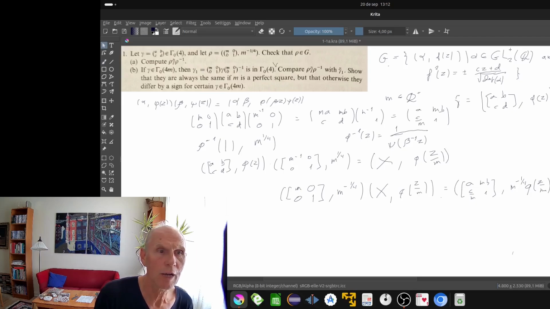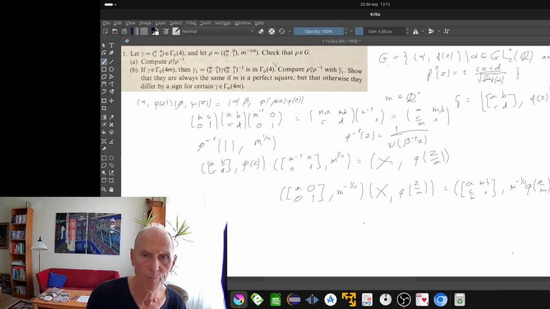You see, gamma 1 tilde lies in gamma naught 4, and that means that we have the usual matrix, and then it's J of, or was it called J?